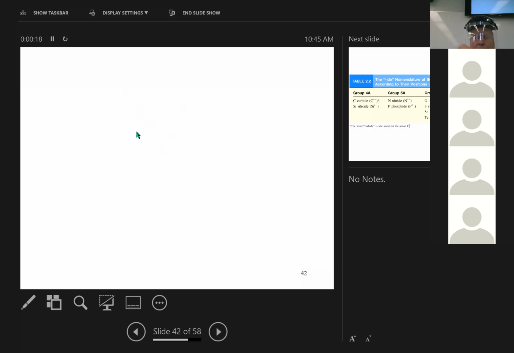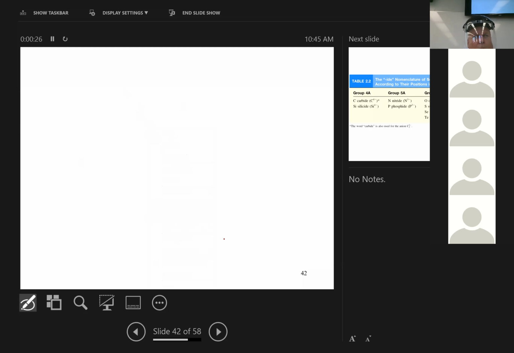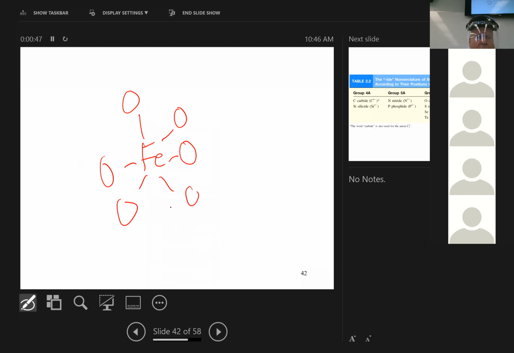This one here. What's that? Iron oxide. Iron 2 oxide. Very good. Okay, what is this one? What is that one? Iron 8 oxide.